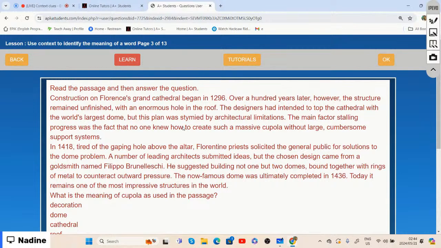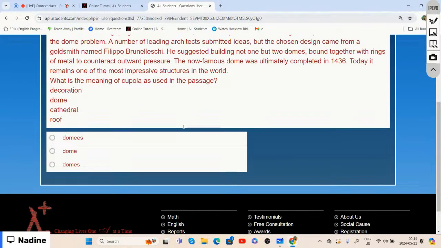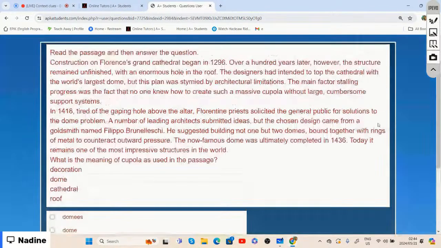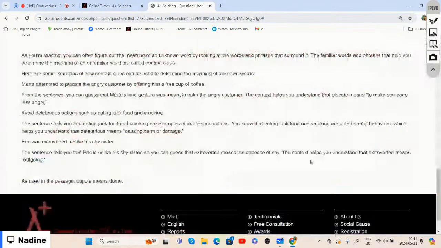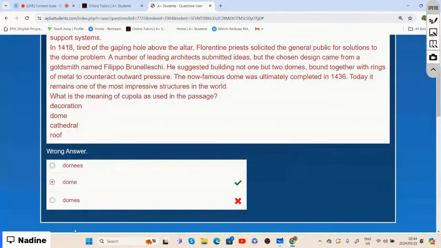It says the main factor stalling progress was the fact that no one knew how to create such a massive cupola without large, cumbersome support systems. I think a cupola is a dome. I'm not sure if it's dome or domes. Oh, it's just dome, not domes.